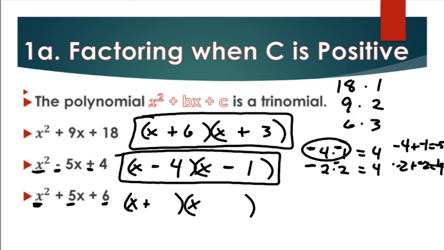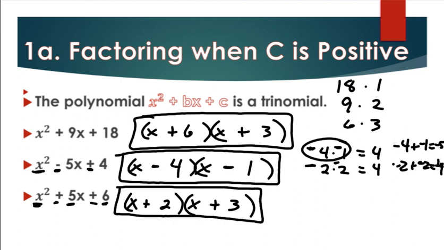But since everything in here is positive, I know this has to be positive. And if I were to put a 6 here and a 1 here, 6 times 1 is 6, but 6 plus 1 is 7. So I know it cannot be 6 and 1. I know that 2 times 3 is 6, and 2 plus 3 is 5. So therefore, this has to be my factored trinomial.